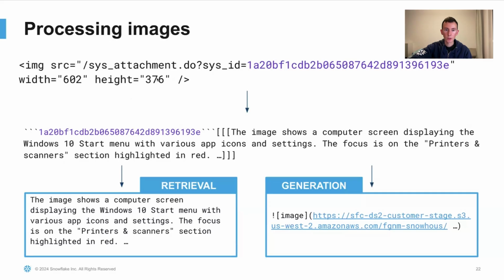And then this custom pattern is used in two ways. First, for the retrieval, to be able to retrieve this image if the user query is very similar to this image. In that case, we only keep the image description and not the ID. And then we are also using this for the generation. In that case, we are not using the image description.